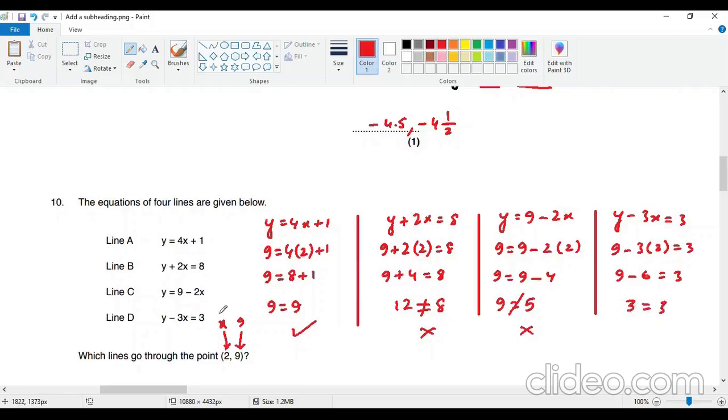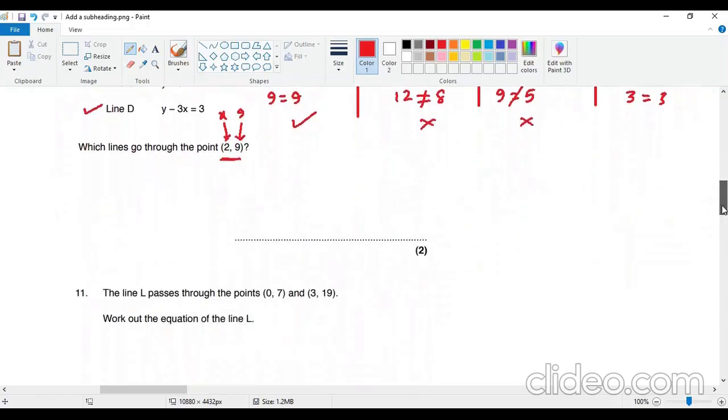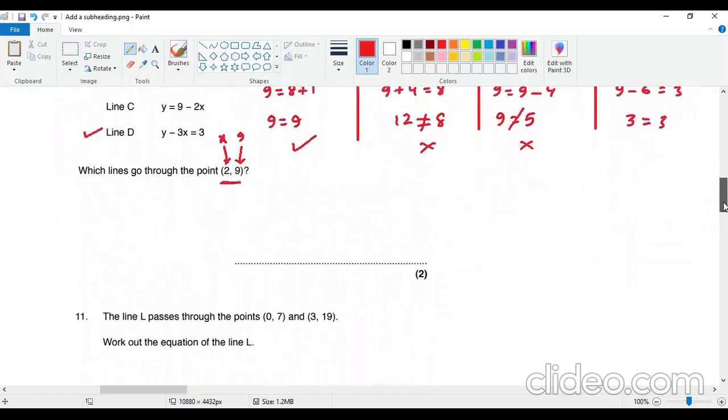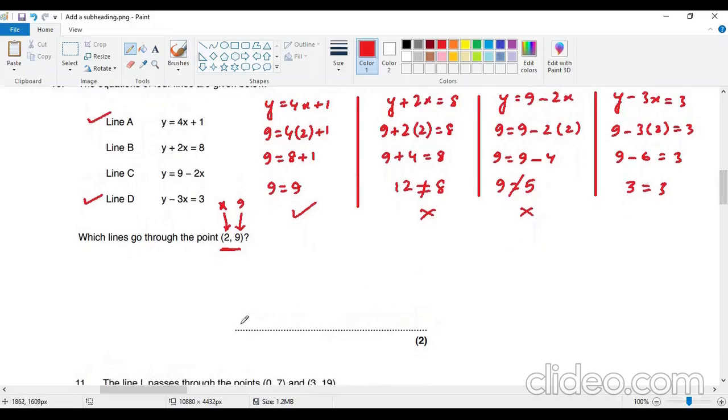That means these are the two equations. Line D and line A will pass through the point 2, 9. So line A and line D are going to be the correct answer.